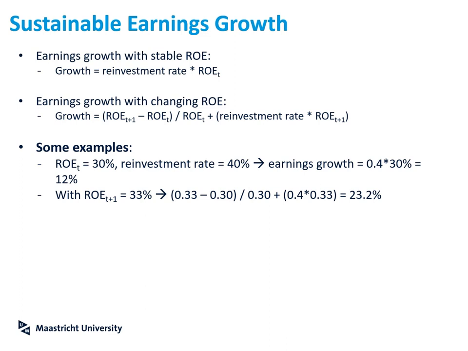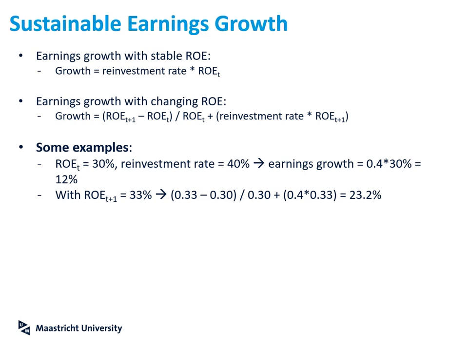However, we can also slightly change our sustainable growth rate formula to accommodate changes in ROE. And that's what you see in the second example, where we say that ROE next year is not going to be 30%, but it's going to be 33%. Other than that, the assumptions remain the same.